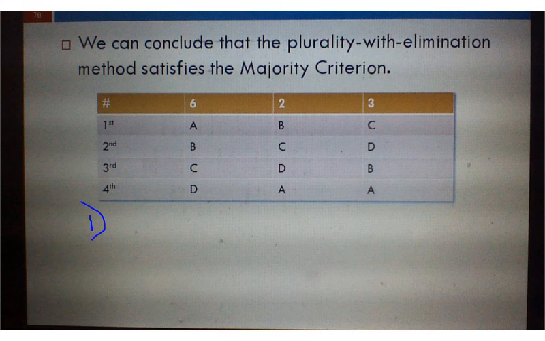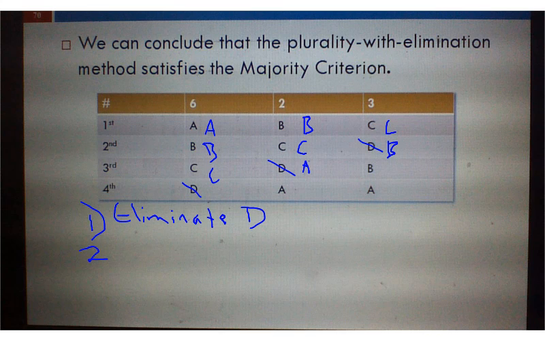So, in round 1, we will eliminate D. Okay, in round 2, it looks like B is the one with the least amount of first place votes, so no more B. AC, CA, CA.